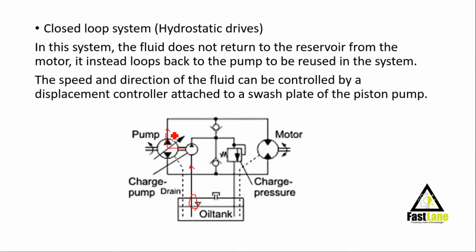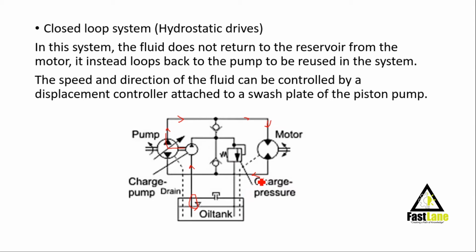It connects to this tubing. Then it is pumped through the motor to do the work. In this case, the motor is connected to the load, and after the fluid does its work, remember in the open loop system we said the fluid returns to the reservoir or the oil tank.